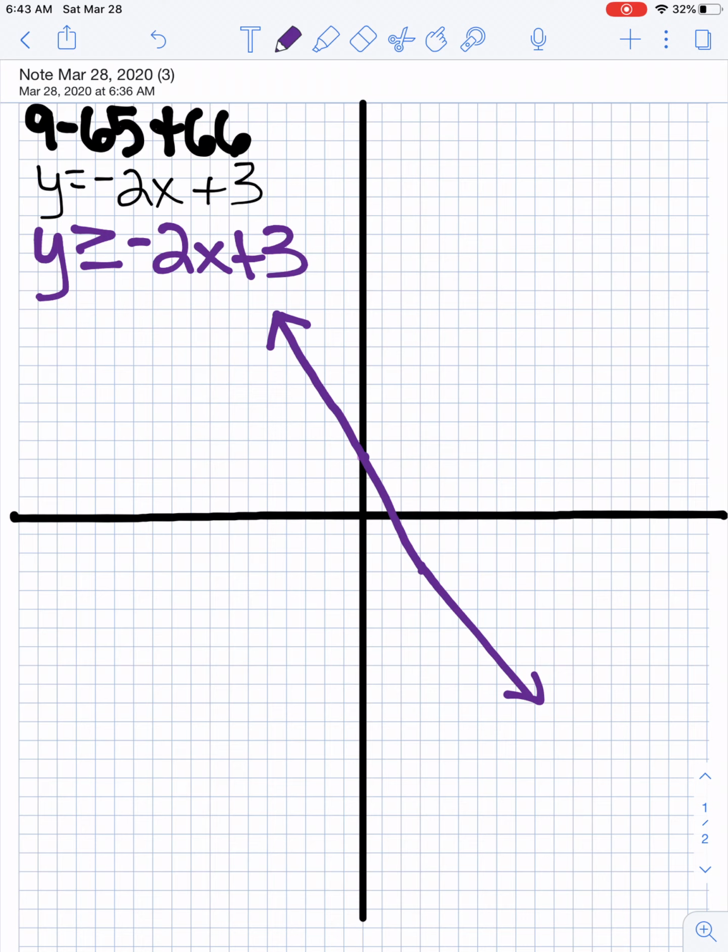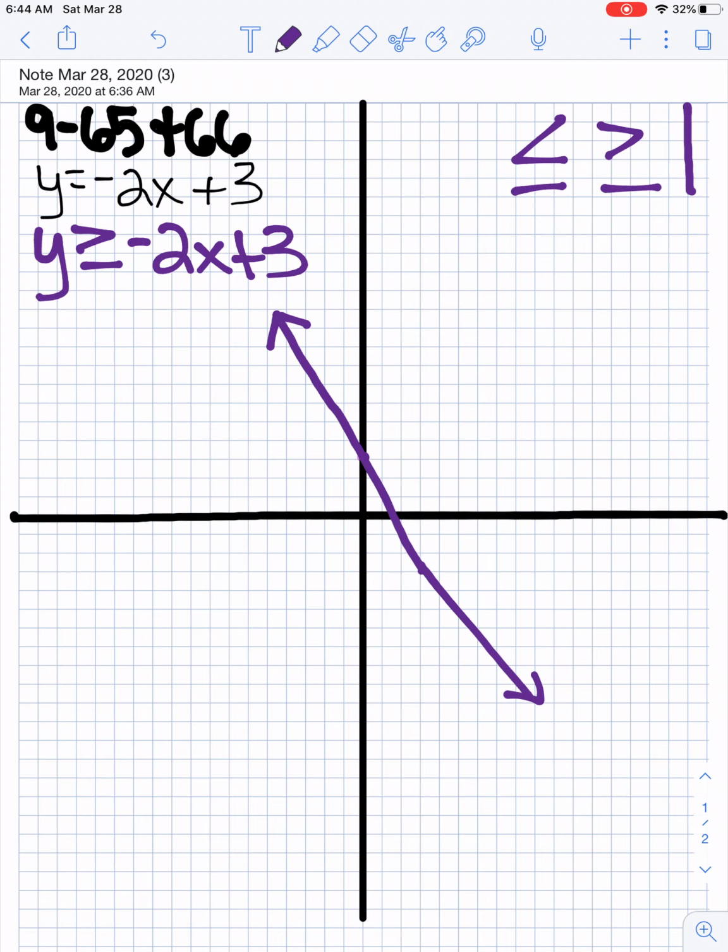Now, is that line any different? The only thing that's different is the inequality symbol, correct? Which means this has more than just the line as its solution. So whenever you're graphing on a coordinate grid for a two-variable inequality, if it has the less than or equal to sign or the greater than or equal to sign, the line that you graph is going to be a solid line.